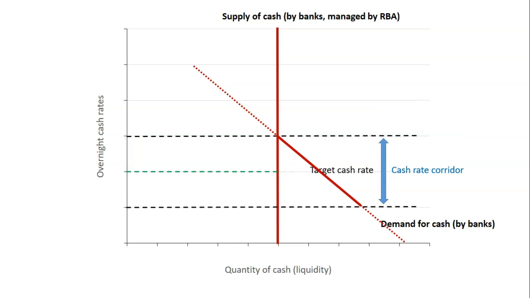But in order to ensure that the actual cash rate meets the target, the Reserve Bank will have to ensure that there's sufficient liquidity in the market to achieve that goal.